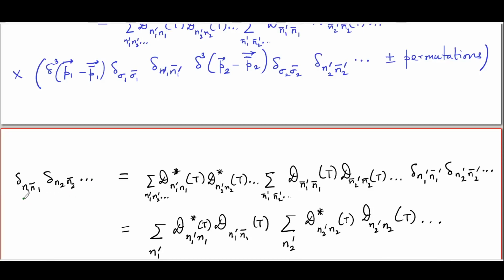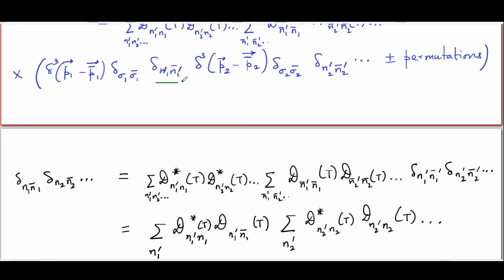So, what you ultimately end up with is delta n1 bar, delta n2 bar, etc. This product must be equal to this product of the curly D matrices, the conjugates coming from the first wave vector and the values themselves coming from the second wave vector, times these, which are the corresponding delta symbols which come from the inner products here.